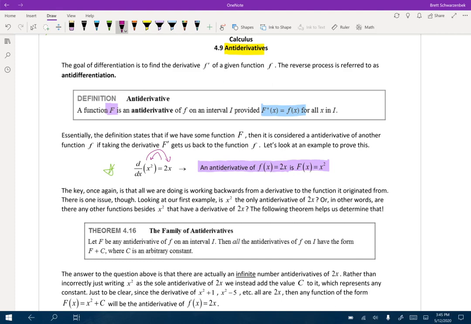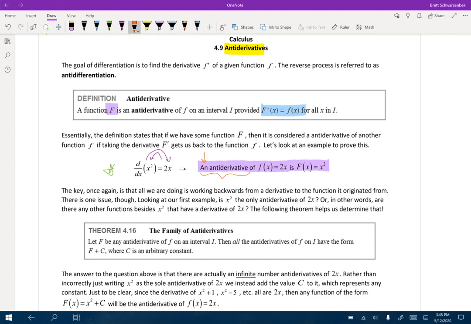That's going to be the key of what you're going to have to be able to do. But there is one small issue, and you might have noticed, or maybe you didn't. It actually uses the word "an" antiderivative, not "the" antiderivative. By saying "an" antiderivative, it's implying that there's more than one.